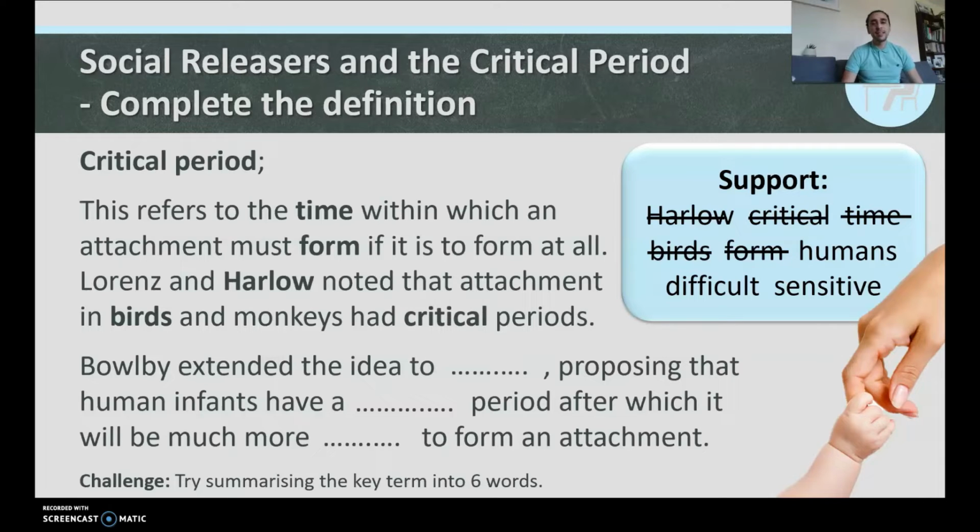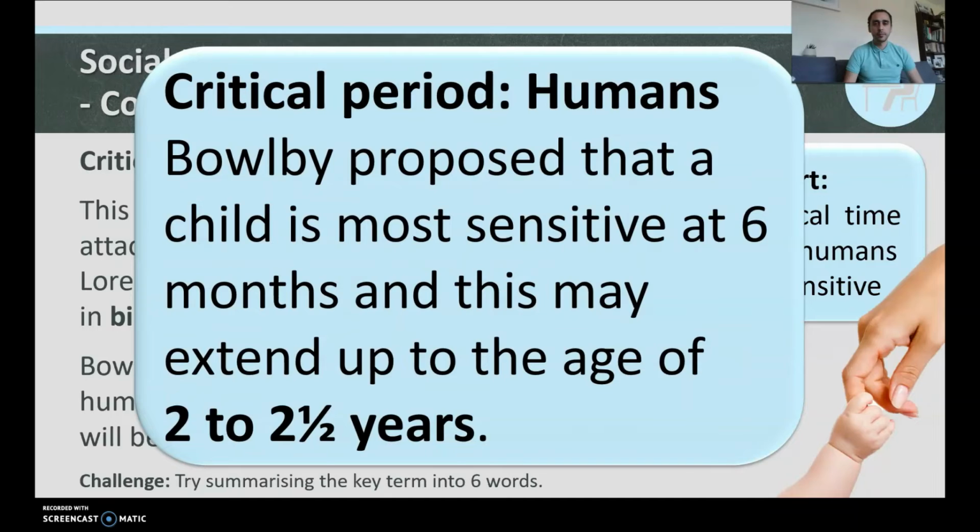Bowlby extended the idea to humans, proposing that human infants have a sensitive period, after which it will be much more difficult to form an attachment. So he liked this idea of a critical period, but didn't think of it as so cut and dry. It's really difficult to form an attachment after these 2.5 years, but not impossible.